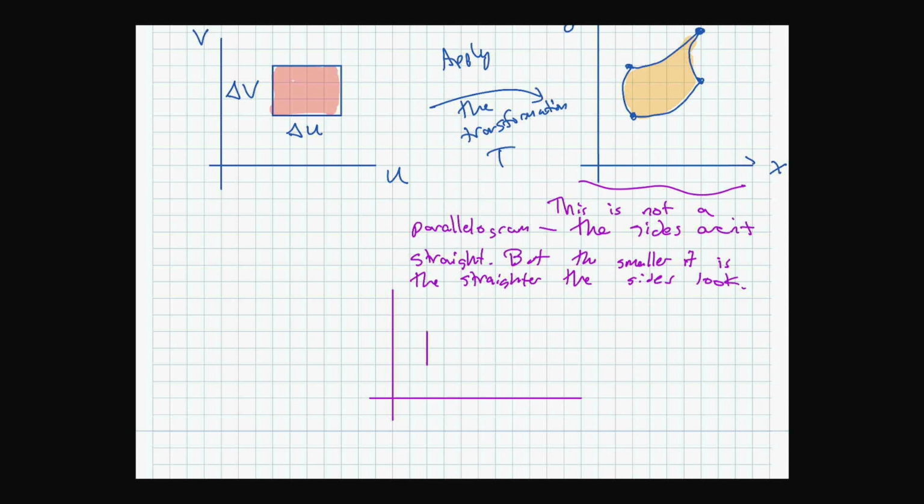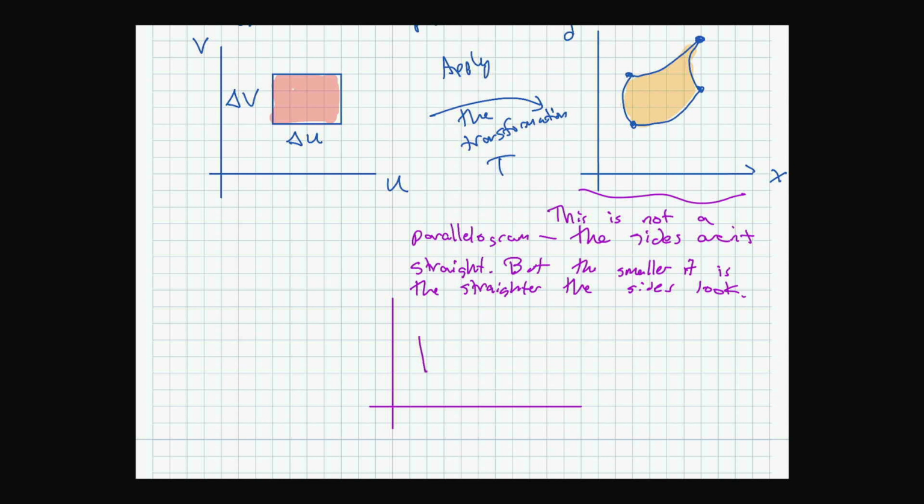I want to draw the sides not straight up and down as well, so I'm going to draw that a little bit tilted. Okay, close enough. So this is in the XY plane still. I'm just saying pretend it does look like a parallelogram.